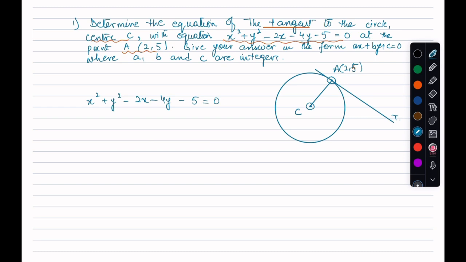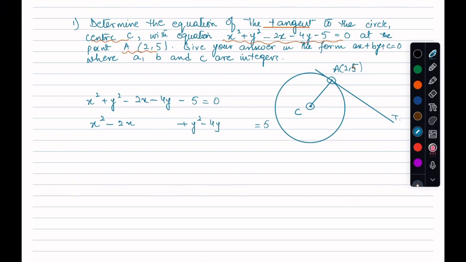Rearrange the equation so that it's x square minus 2x, and then leaving some space, plus y square minus 4y, and this will be equal to 5. I've taken the 5 on the right side. I need it in the form x minus a the whole square, which is a perfect square, which represents the identity a minus b the whole square.